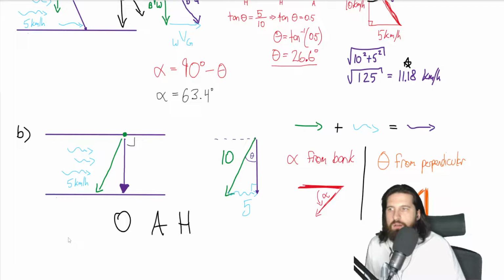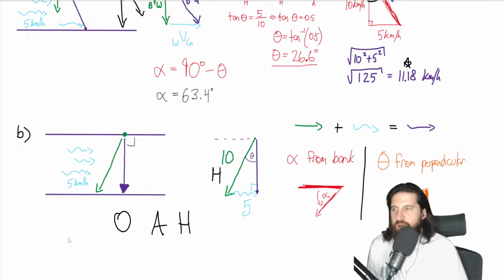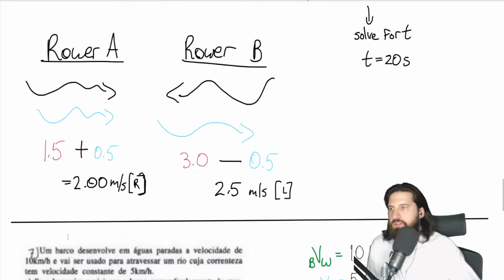We have H, for sure, because it's 10. And we have this letter O, which is the opposite. It's kind of like opposite it, right? Because it doesn't touch that one. So it's 5.